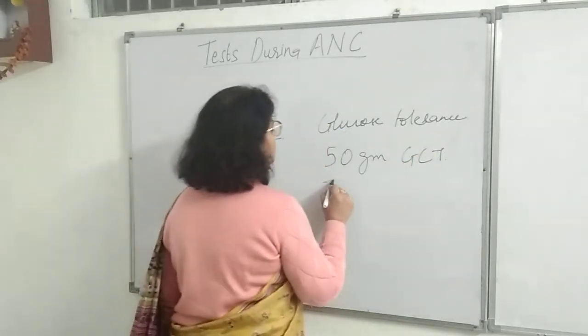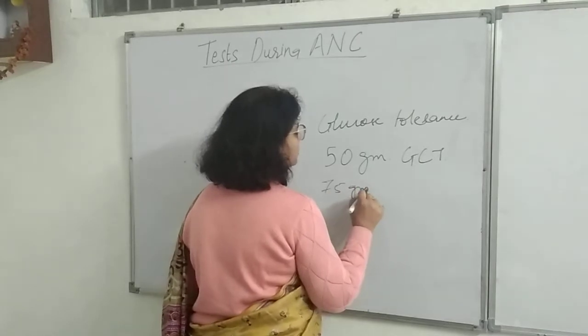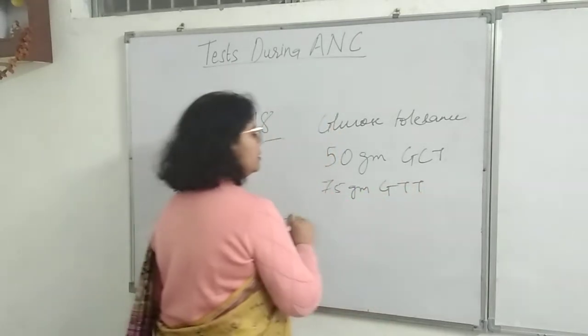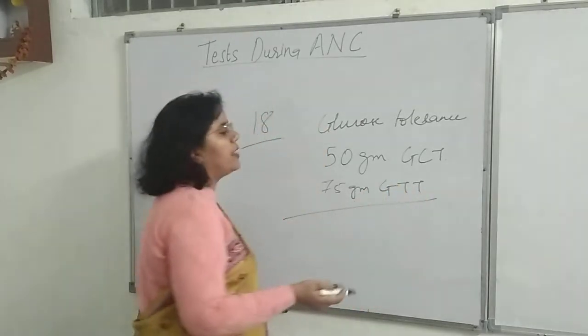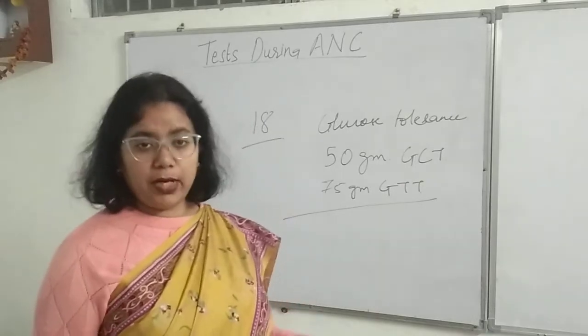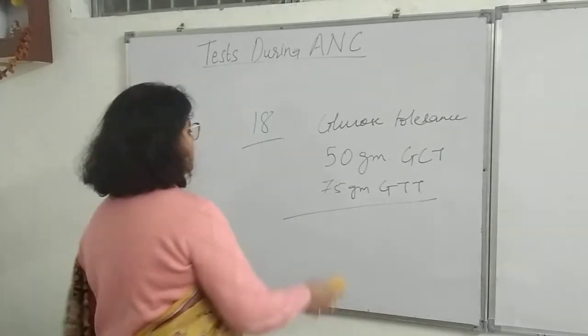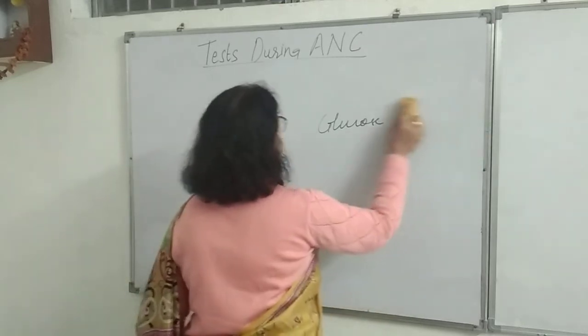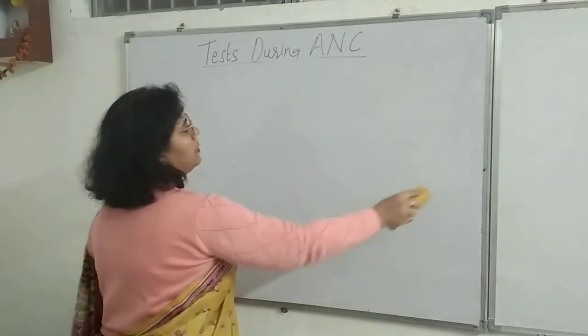Some centers do a 75 gram glucose tolerance test. This is also to find the women who are prone or more at risk of developing gestational diabetes. Okay, that is done at 18 weeks.